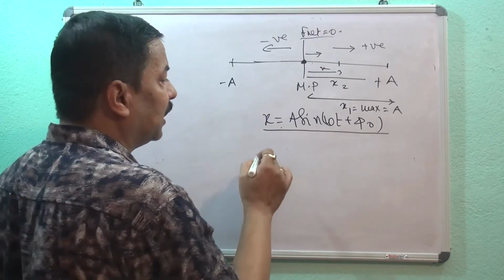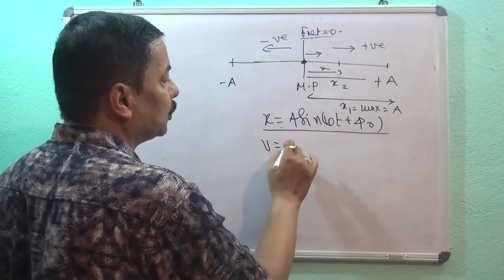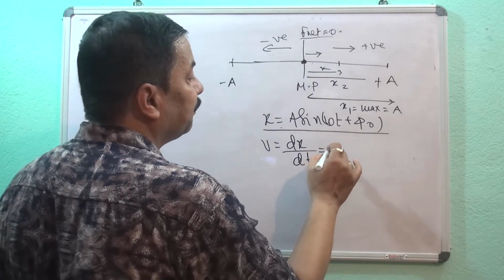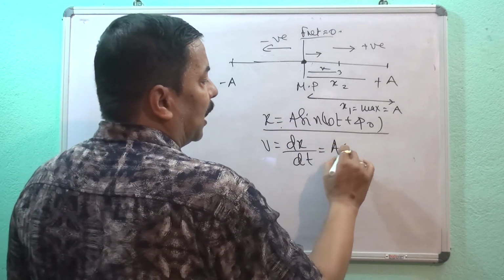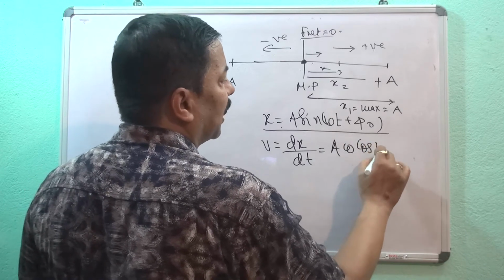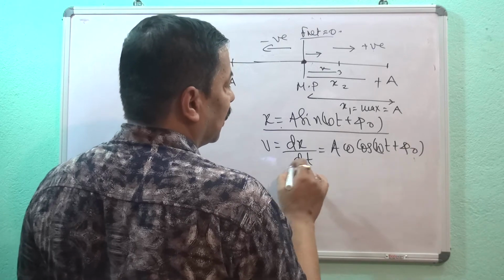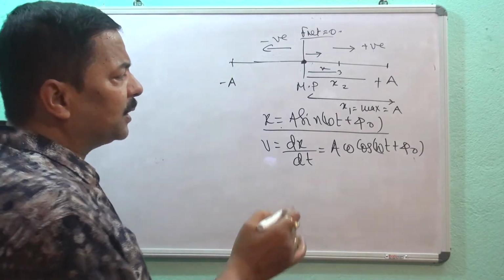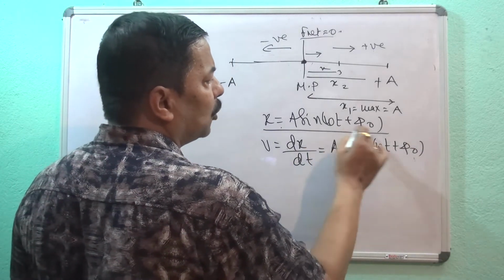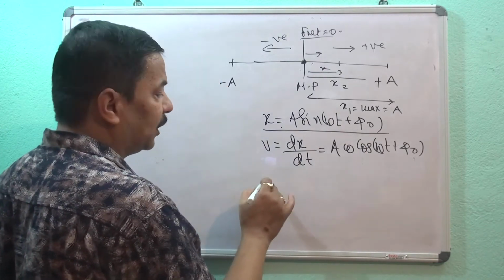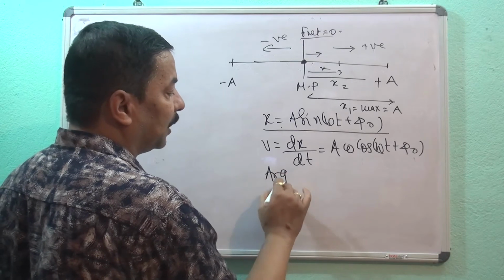This is the position of the particle, and if you want to find the velocity, v = dx/dt, which in this situation is A omega cos(omega t + phi naught). This is the velocity. Now this argument of sine or cosine, so again I am writing, I have already written, but I am writing argument.